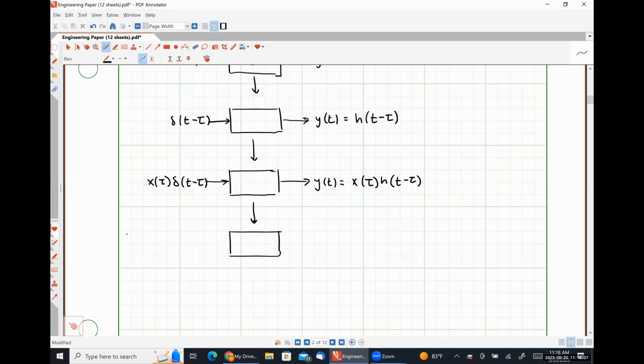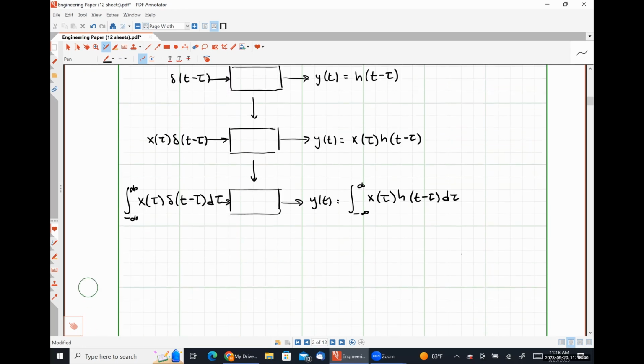if we integrate our input signal from negative infinity to infinity, so that's our input, our output will be the integral from negative infinity to infinity, x of tau, h of t minus tau, d tau, and we call this operation here convolution.